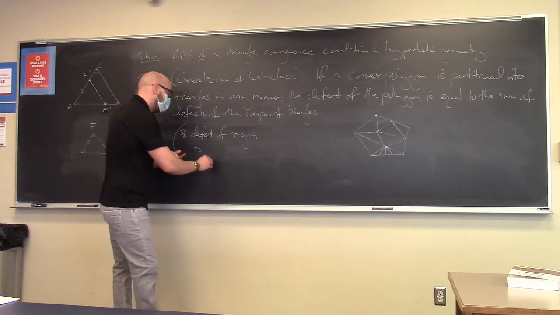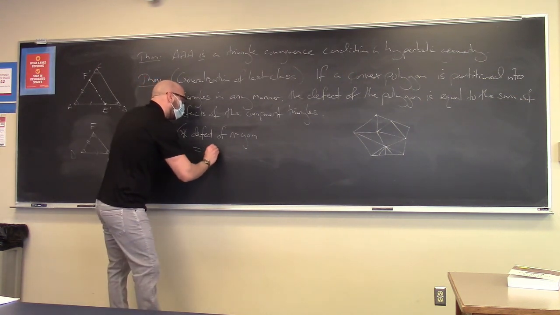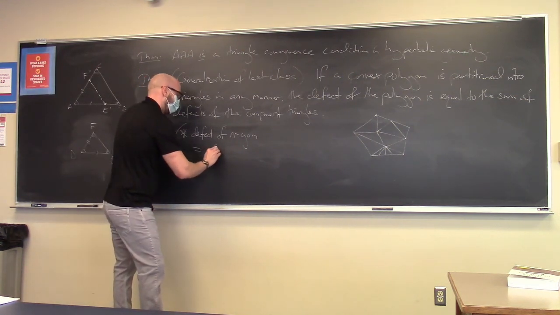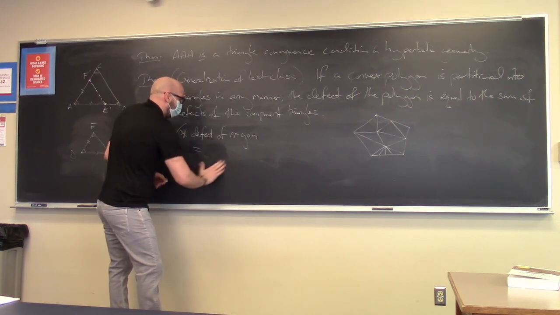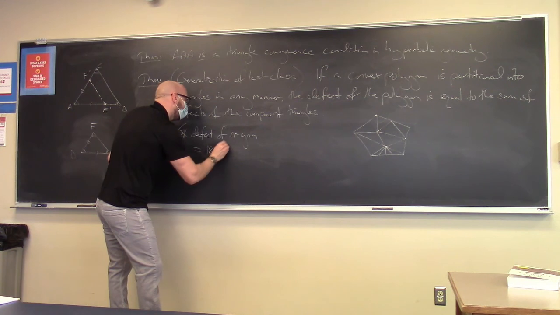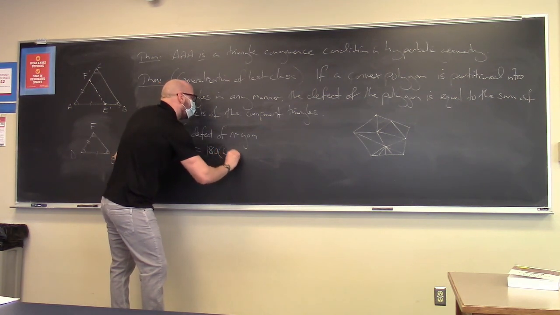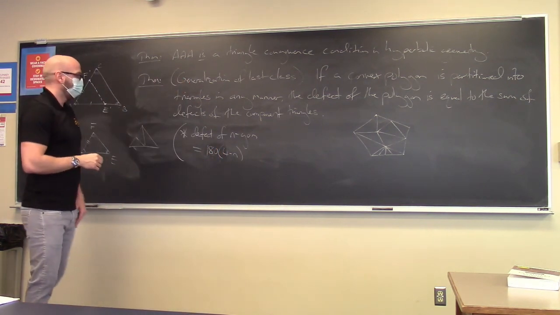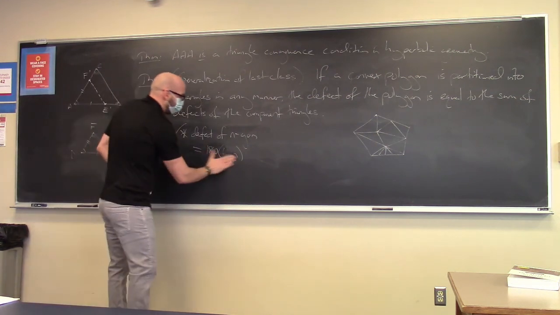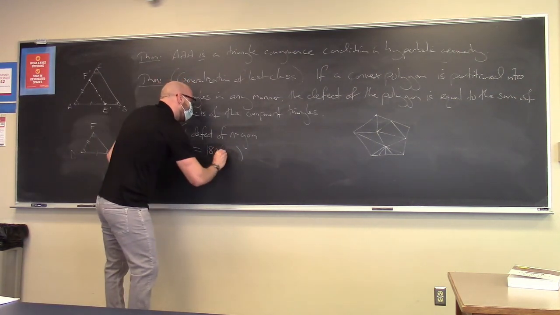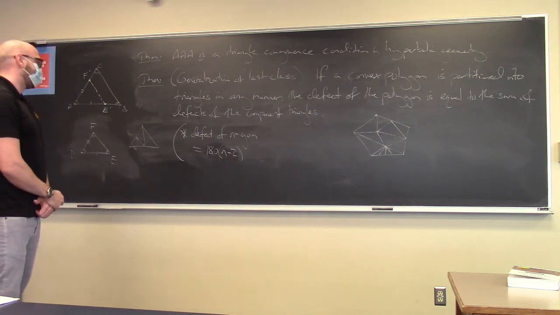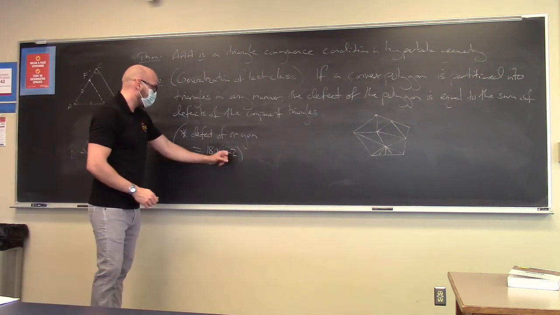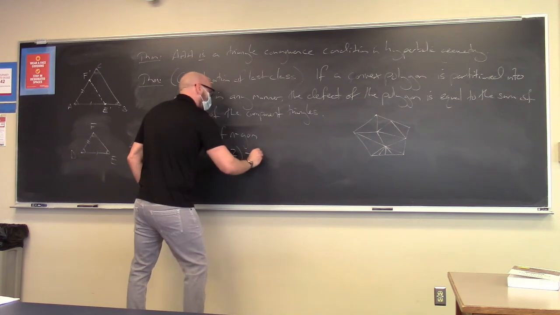So for an n-gon, the Euclidean angle sum is 180 times, what is it? n minus 2. There we go. 180 times (n minus 2) minus the actual angle sum.